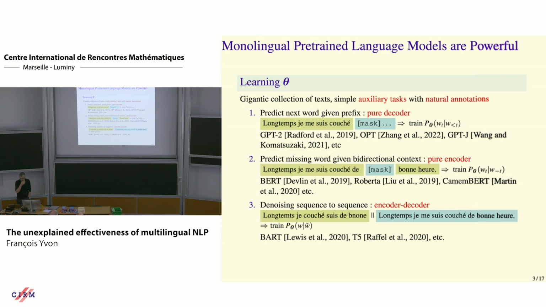I am just listing the three more common ways. Most of them rely on simple auxiliary tasks that we can train large neural nets to perform. And in the process of training these large neural nets, we learn these embeddings almost for free.